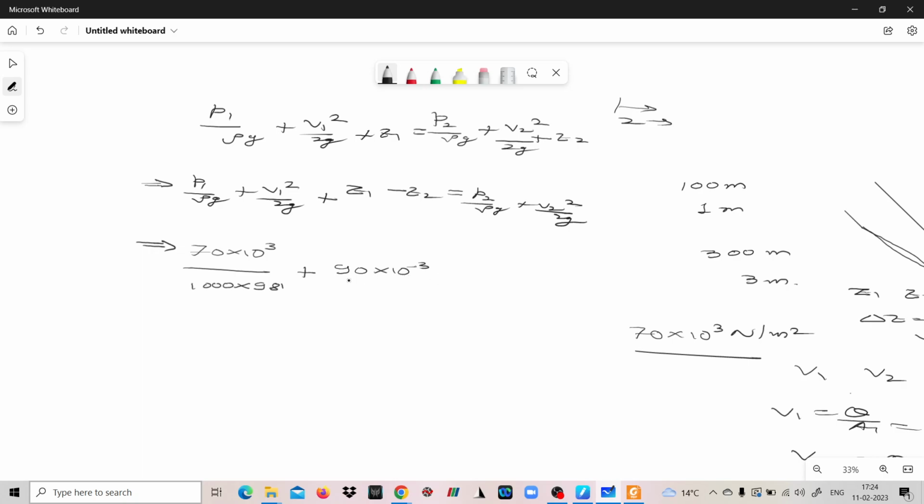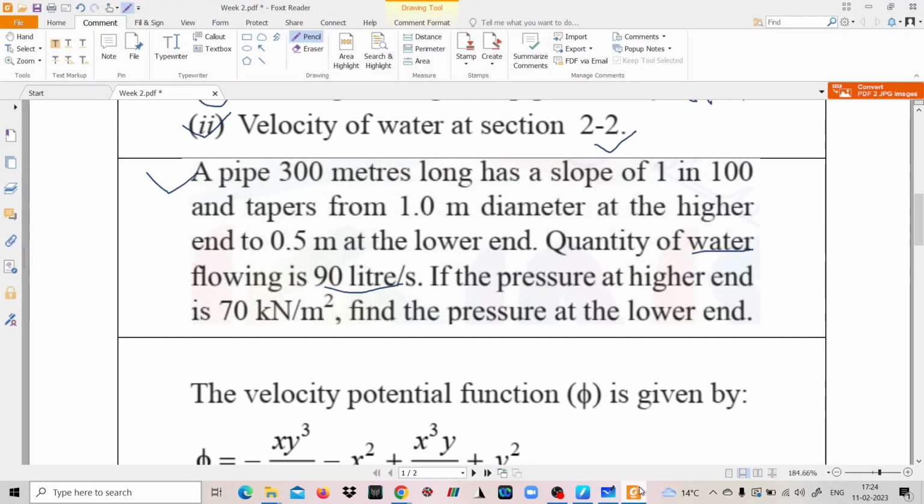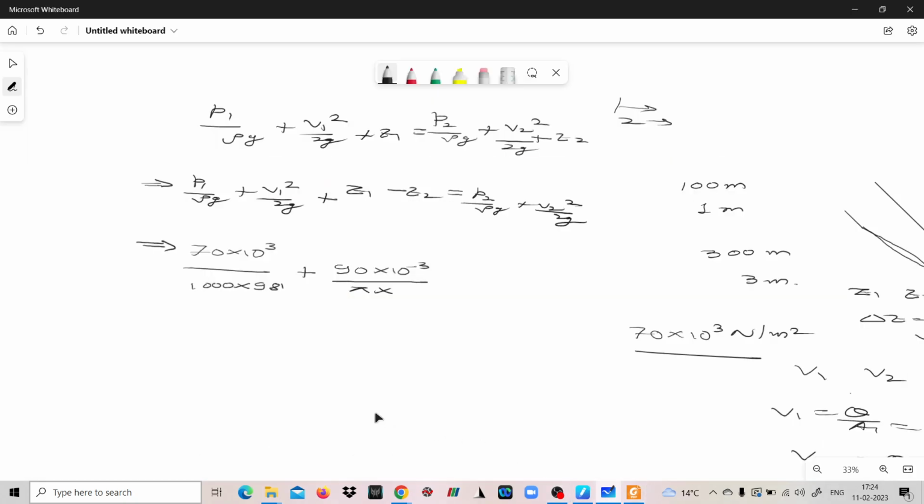A1 is pi d square by 4, and at the higher end the diameter is 1 meter. So this total is V1 square divided by 2 into 9.81, plus Z1 minus Z2 which is 3.